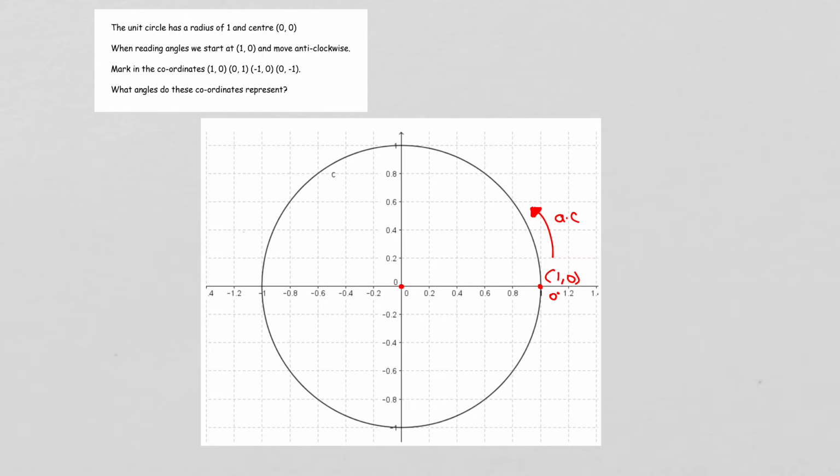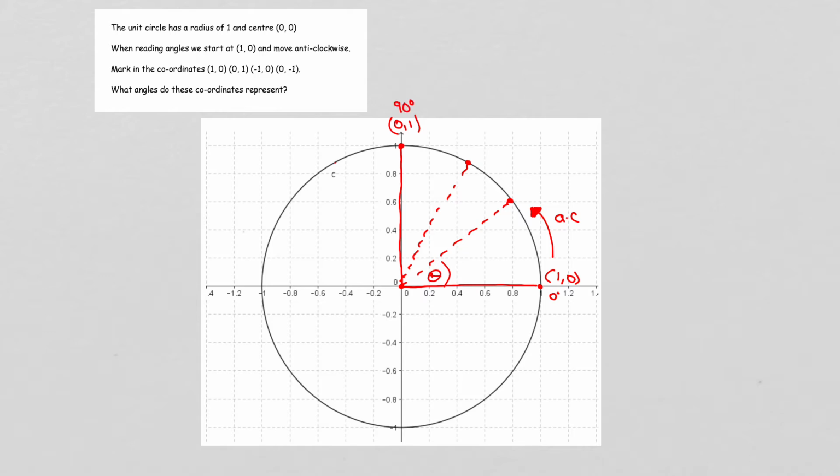As I take that radius and I begin to move it along the circumference, I trace out an angle, and that angle grows as I move further and further away from the point 1, 0, until I get to this point here, which is out to 0 and up to 1. In which case I have now moved in an anti-clockwise direction from 1, 0, an angle of 90 degrees.